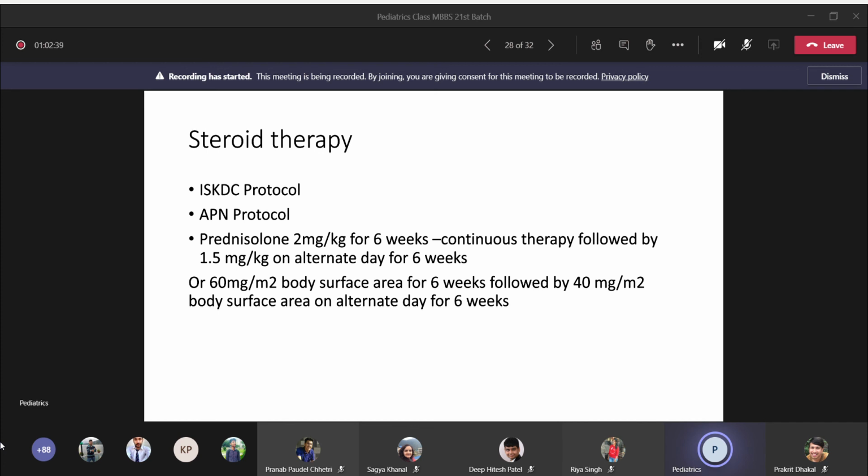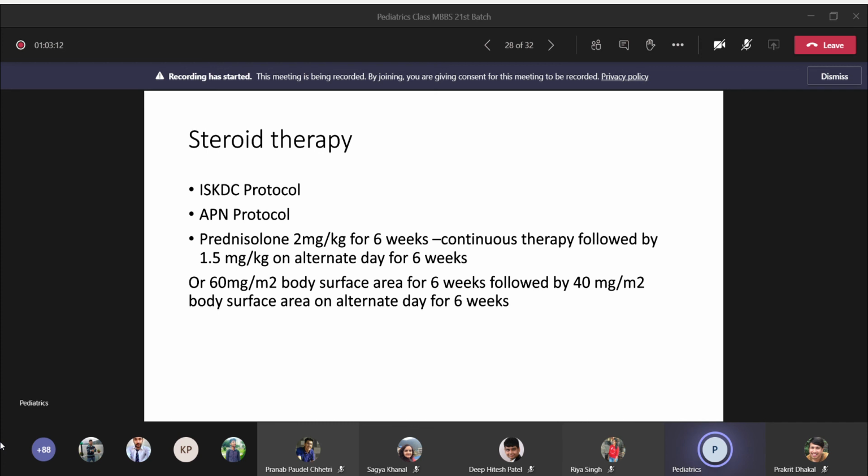And here, in case of ISKDC, you have to give 2 mg per kg body weight of prednisolone for 6 weeks continuous. And then after 6 weeks, you have to give 1.5 mg per kg on alternate day for 6 weeks. In other words, either you give 2 mg per kg or you have to give 60 mg per square meter body surface area per day.